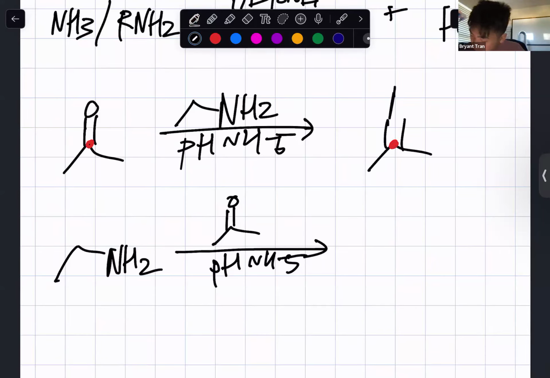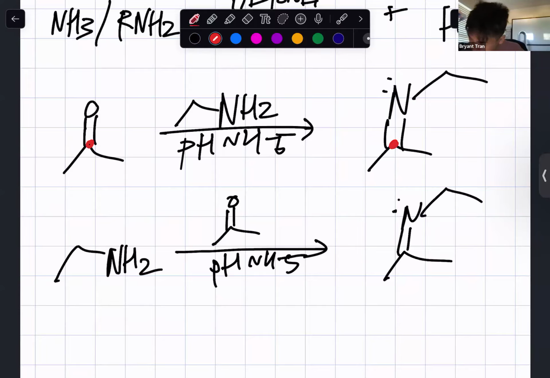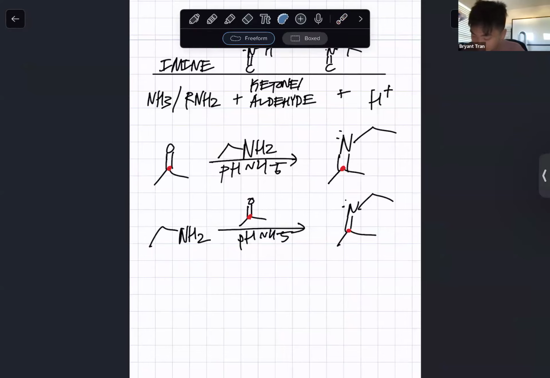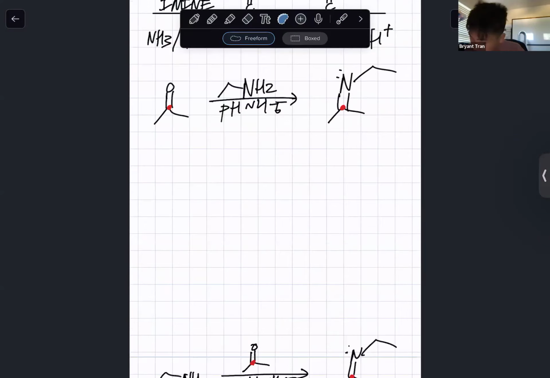So we have a carbon double bond nitrogen attached to this R group here. Because in the mechanism, two hydrogens will go away. So that would be the final product right there, the exact same thing as this right here.